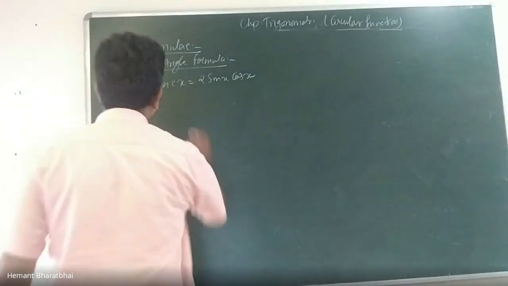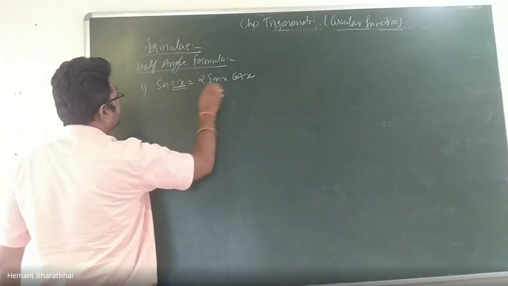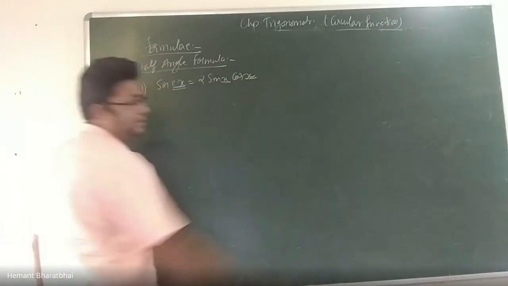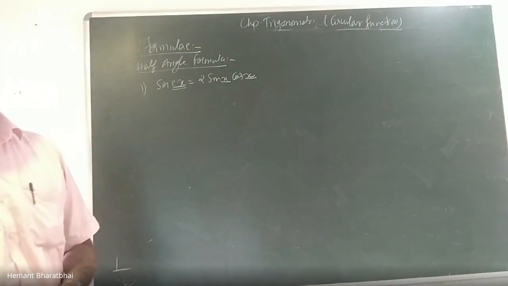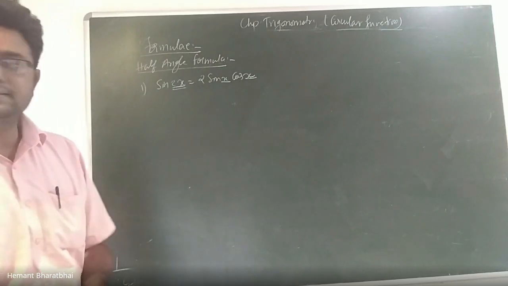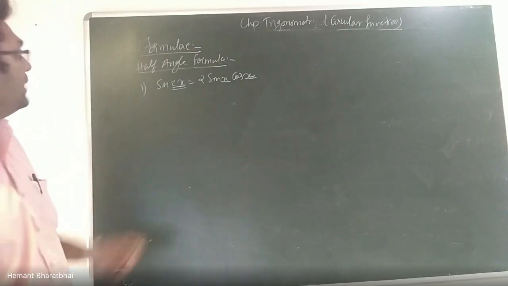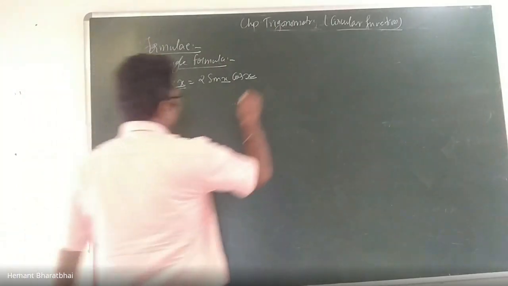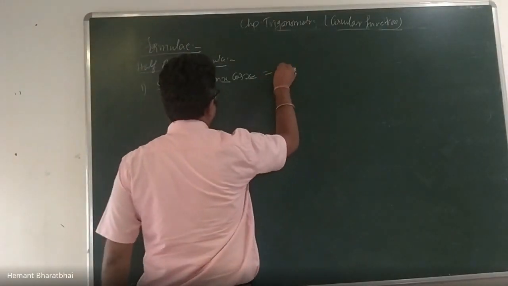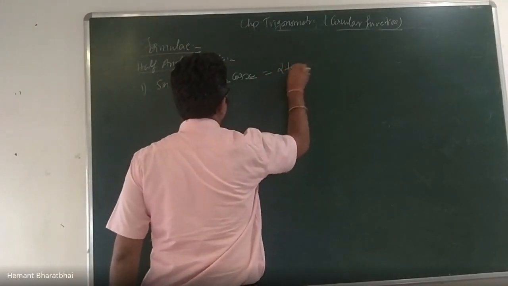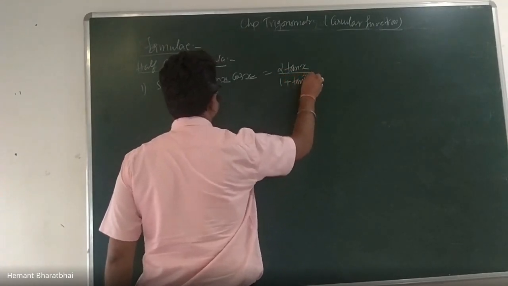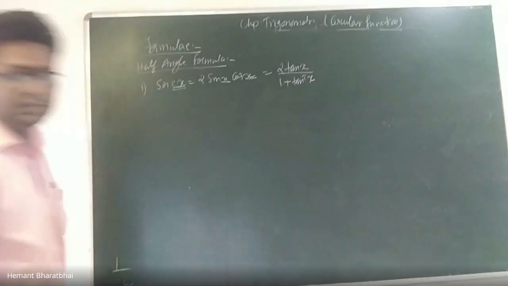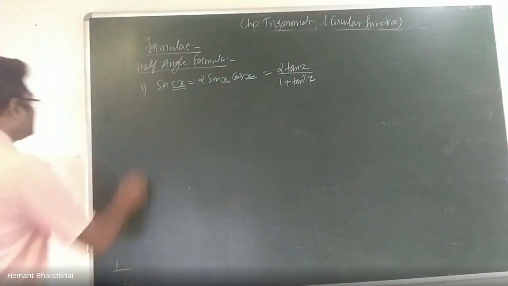If you pay attention, the angle on the left is 2x, but on the right the angles are x and x, and that is why I call it a half angle formula. Half of 2x is x. One more very important formula in terms of tan: sin 2x equals 2 tan x upon 1 plus tan square x. So this is the formula for sin 2x.